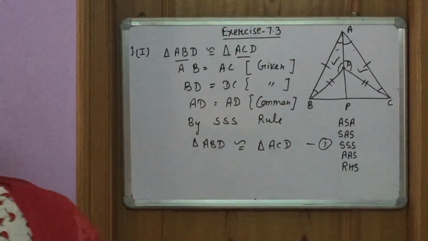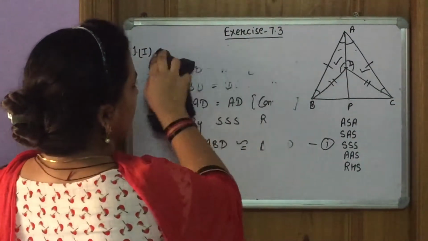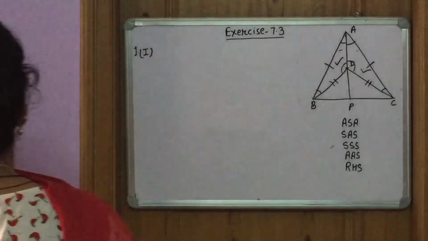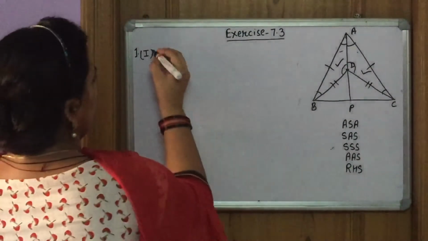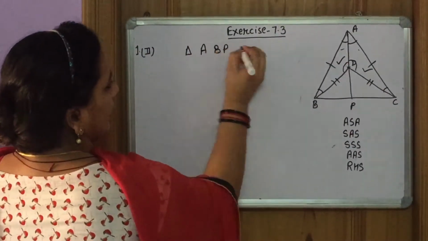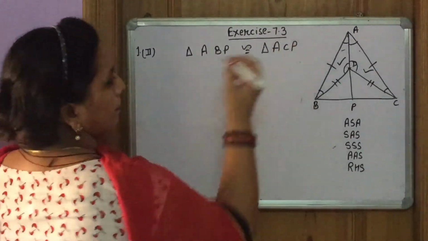In the second part we have to show triangle ABP is congruent to triangle ACP.